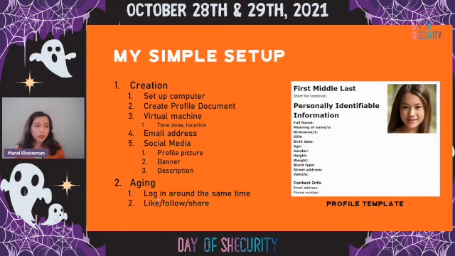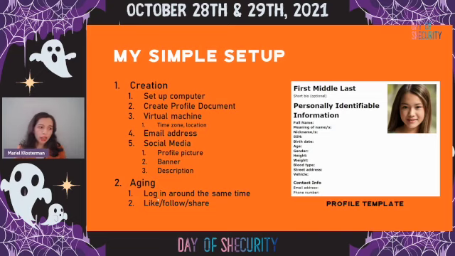So a simple setup that I go through with creating it is I set up my computer, and I create a profile document covering all the information about my sock puppet. Here are all the passwords, here are all the accounts that I have on different platforms, and if they have security questions, here's what my answers are.